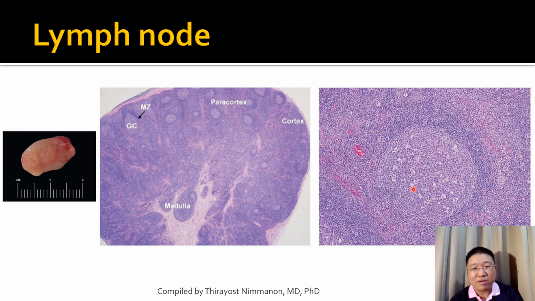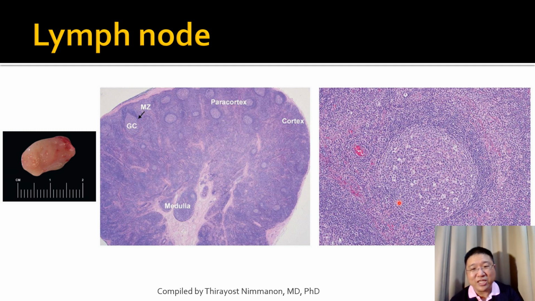These macrophages are engulfing the apoptotic bodies. In this area, the B cells are actively proliferating, and some of them will die by the apoptotic process, and those dying cells will be engulfed by these macrophages. So normal reactive germinal centers contain these tingible body macrophages.